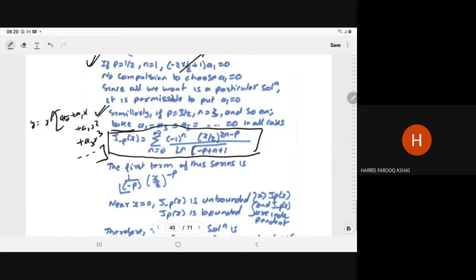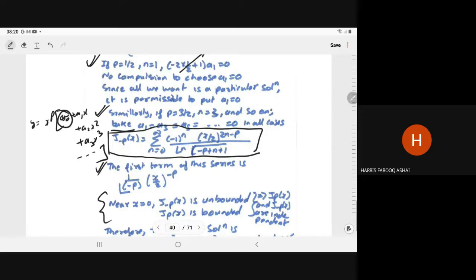We have this series. So depending on the value of a naught, we have different things. So here the first term of the series will be 1 upon factorial of minus p, x by 2 to power minus p, and there we have the first term 1 upon factorial p, x by 2 to power p.